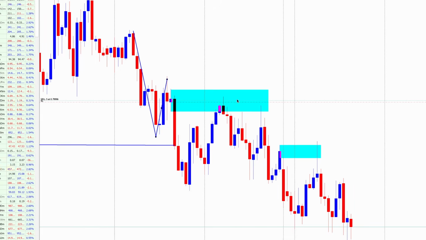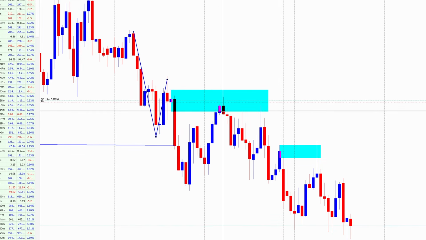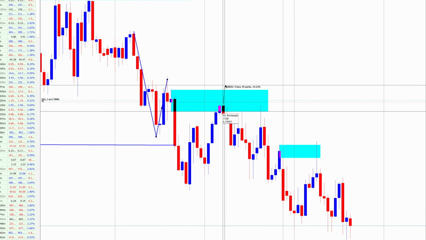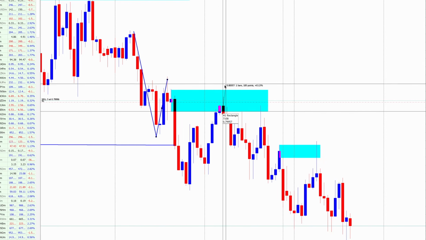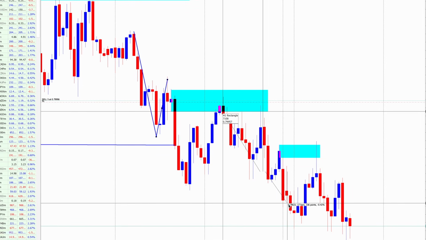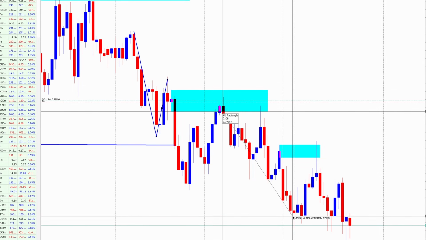Price then made its way back to that supply zone. If you're just looking at this from the H1 time frame, if you're going to be aggressive and not really wait for confirmation, you would be risking something like 10 pips, you know, just give it some room, 10 pips on this. And obviously target at least 30 pips, 1:3.